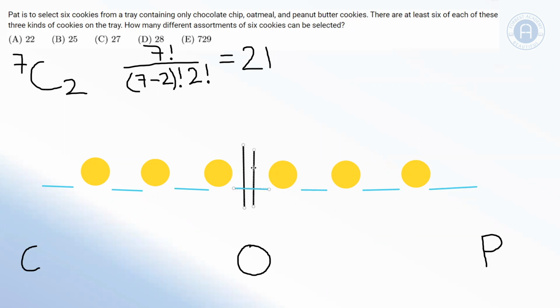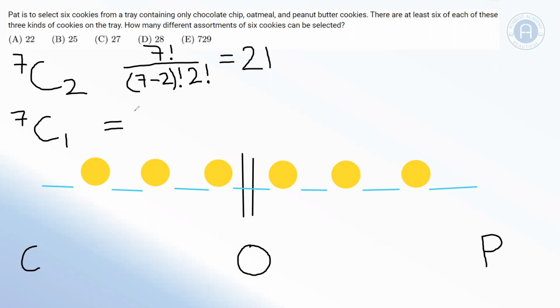Well, how many ways are there for those 2 bars to be in the same spot? There is 1, 2, 3, 4, 5, 6, and 7. So 7 different combinations we can get where we have 0 oatmeal cookies. Now, we could have done that on our calculator as 7 choose 1, because essentially by combining those 2 bars, we've turned it into 1 bar, or we could have just looked at the possibilities.